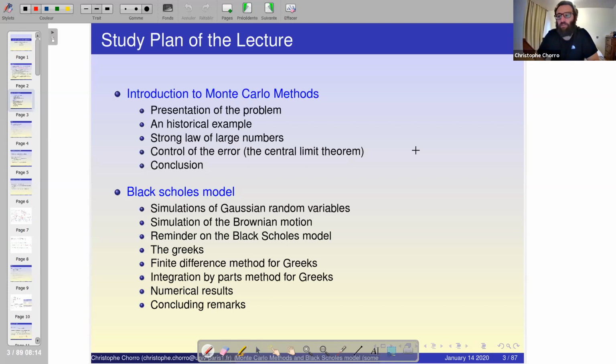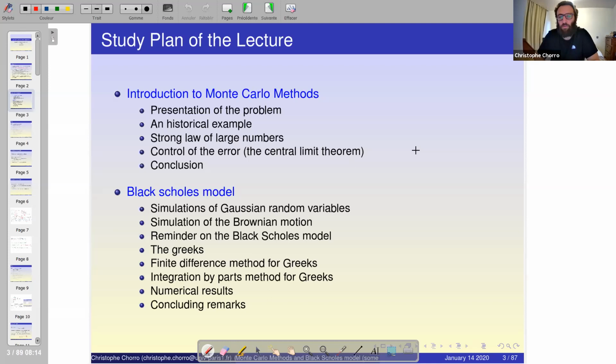Keep in mind that if I want to apply Monte Carlo methods, I need to be able to generate IID realizations of a random variable, of a distribution. It means that, using a computer, I need to generate independent realizations of a particular distribution.